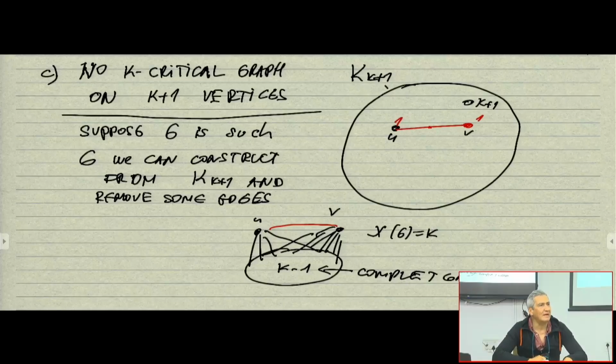But there are 2 cliques of size k. The first clique is this one, and the second clique is this one.